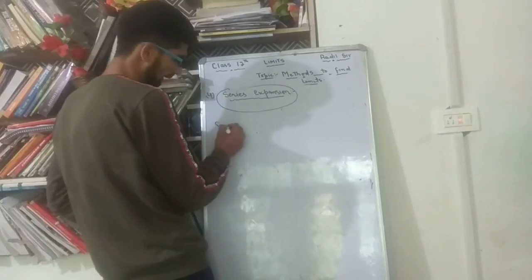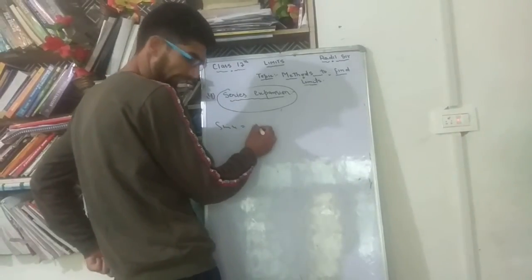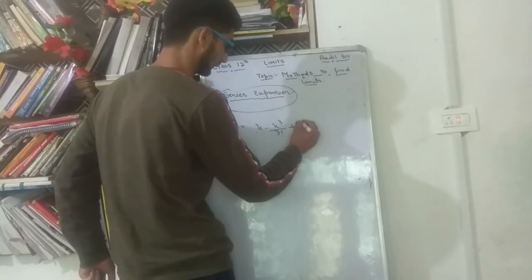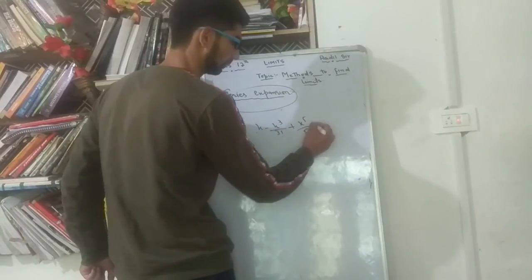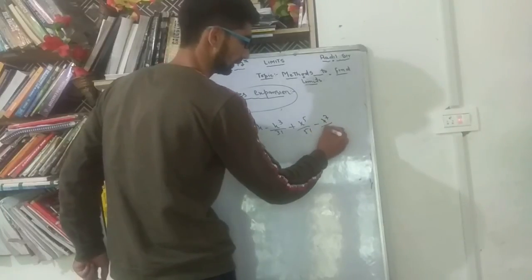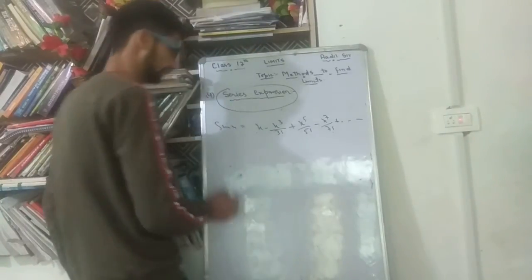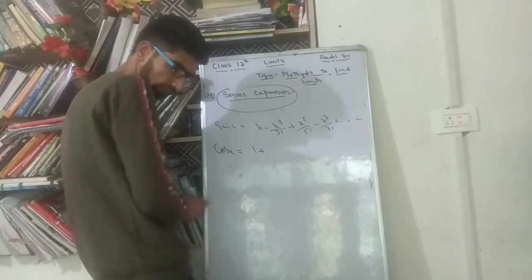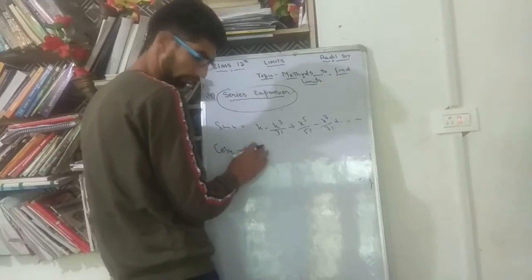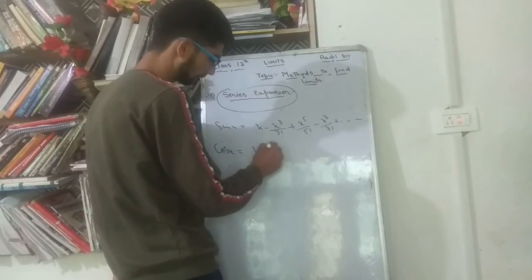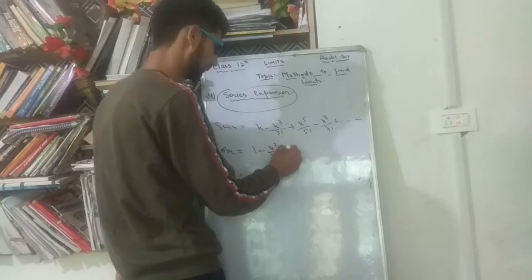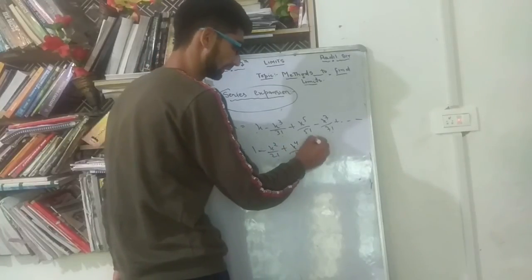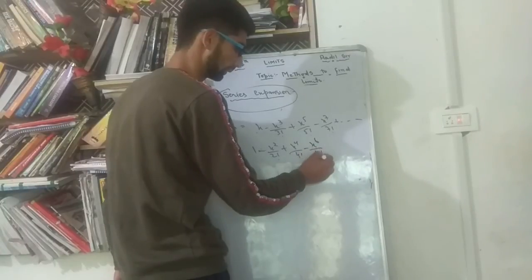The expansion of sin x is x minus x cube divided by 3 factorial plus x 5 divided by 5 factorial minus x 7 divided by 7 factorial plus so on. Similarly, cos x is equal to 1 minus x square divided by 2 factorial plus x 4 divided by 4 factorial minus x 6 divided by 6 factorial plus so on.